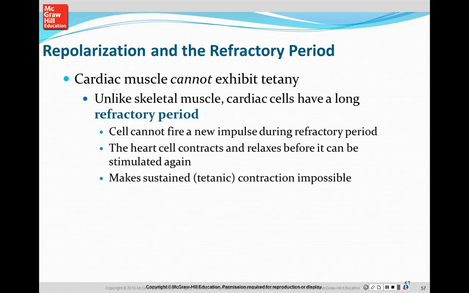It has to have a really long refractory period, meaning the heart can contract and relax before it can be stimulated again. Electrical cells can't fire a new impulse during a refractory period. So your heart can't have sustained contraction without relaxing. That would be a bad thing. We probably wouldn't live as long as we'd want to.